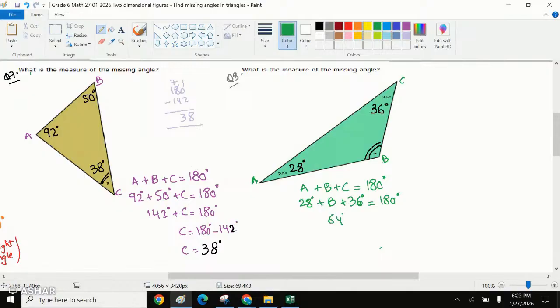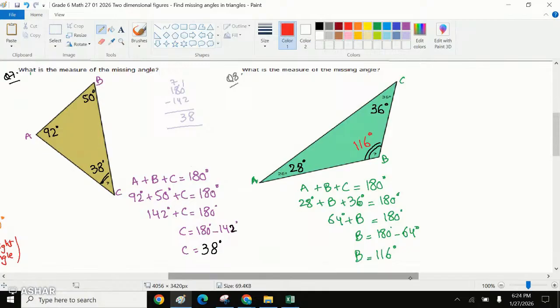So we can say 64 plus the angle B should be equals to 180, and B would be 180 minus 64. 180 minus 60 is 120. 120 minus 4 is 116. So we can say that the missing angle is 116 degrees. Yes, thank you, Ashay. The missing angle is 116.